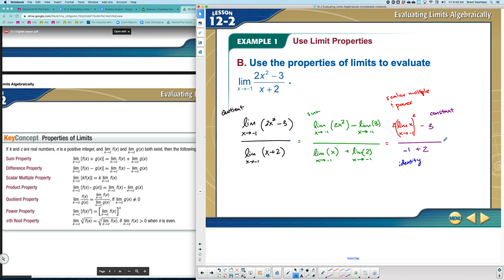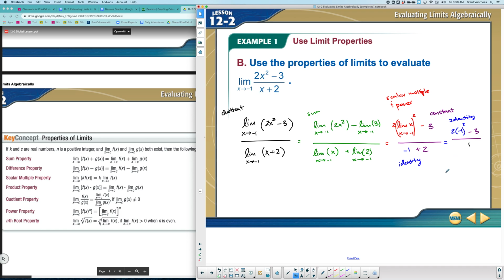That identity function on the first limit will be that value, negative 1, so it'll be 2 times negative 1 squared. That's identity. And then we'll subtract the 3 over, and I'm just going to simplify this. Negative 1 plus 2 is the same thing as 2 minus 1, which is 1. And dividing anything by 1 doesn't change it.